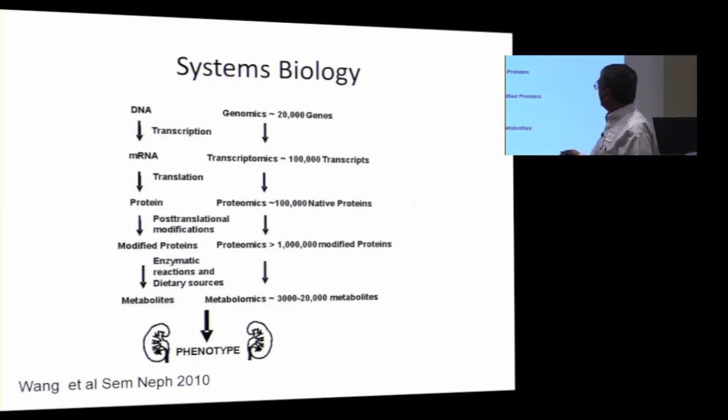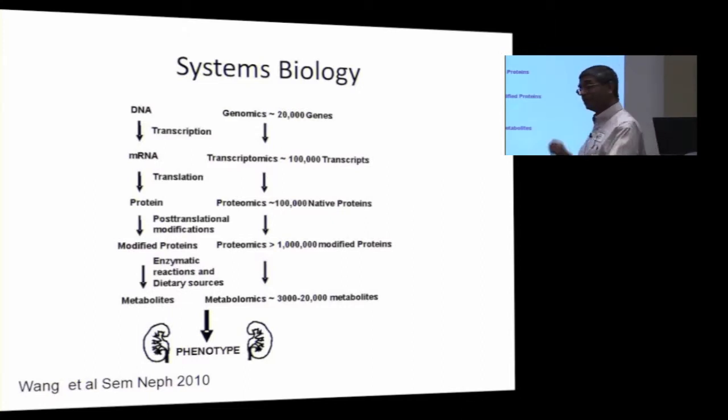But the complexity of the protein part, the so-called proteomic analysis, is far more because of post-translational modifications. For example, you can have glycosylation, acetylation, phosphorylation, et cetera. Many of these post-translational modifications can make the protein much more complex, more than 1 million or even 10 million as people currently think.